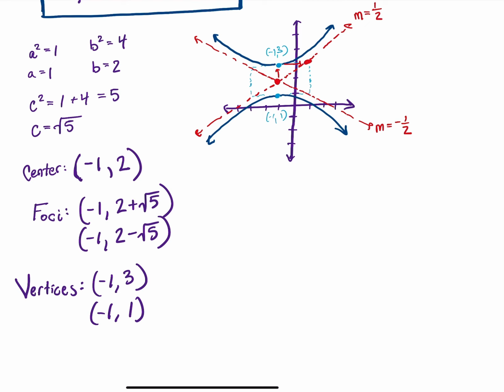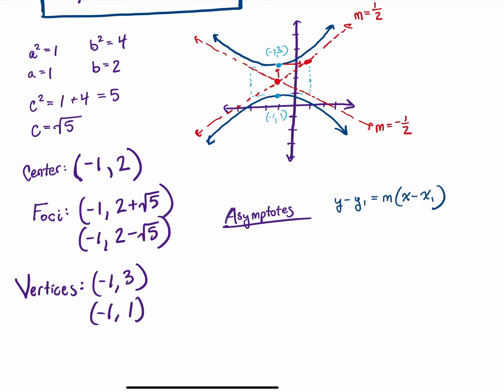So let's just give our equations of asymptotes as well. I'm going to use the point slope form of an equation that looks like y minus y1 equals m times x minus x1, where we just need a single point and then the slope of our lines. So we can use the center point since they both go through that one point.